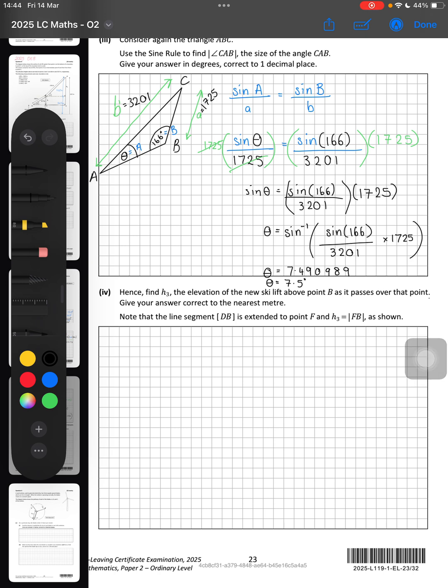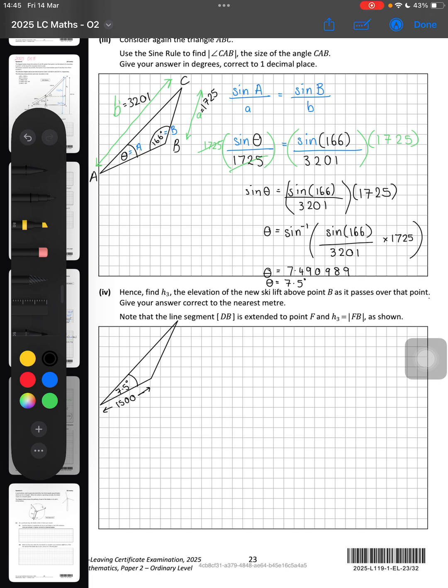This is probably the most difficult part of this question. We have 7.5 degrees here, and we have that this is 1500. I'm just trying to make it really clear to myself what I actually have.